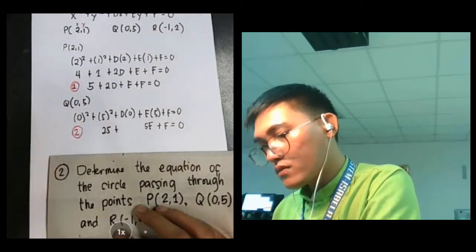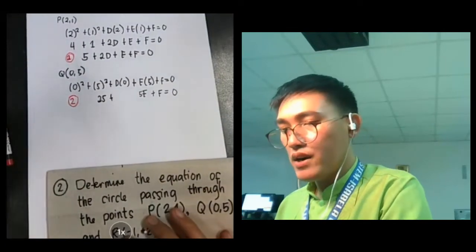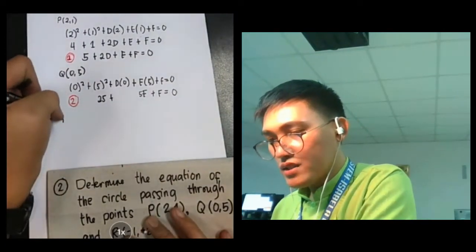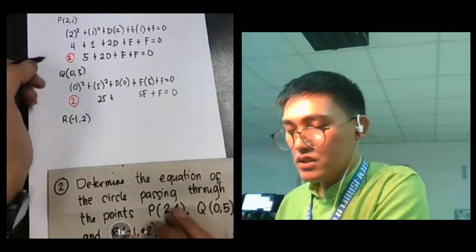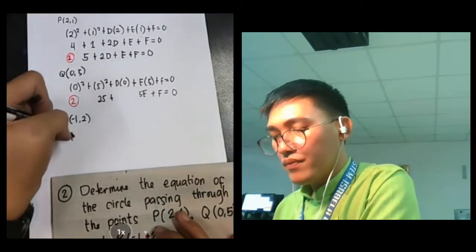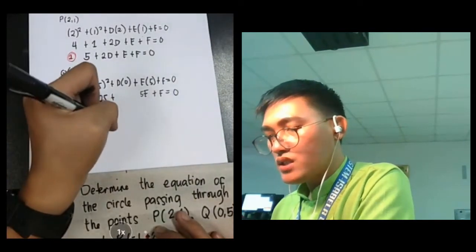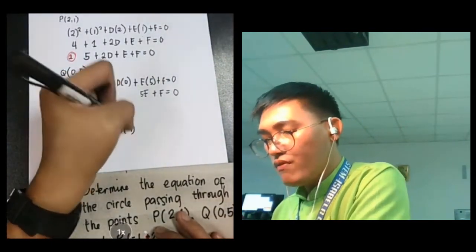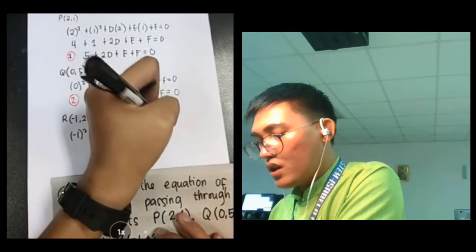Okay, let's continue with equation number 3 for point R, negative 1 and positive 2. We have negative 1 squared plus 2 squared plus d times negative 1 plus e times positive 2 plus f is equal to 0.